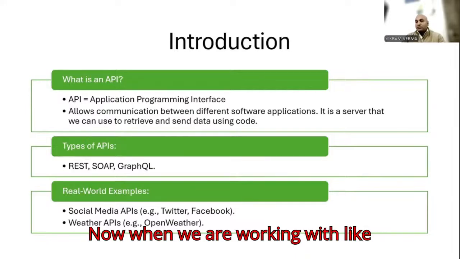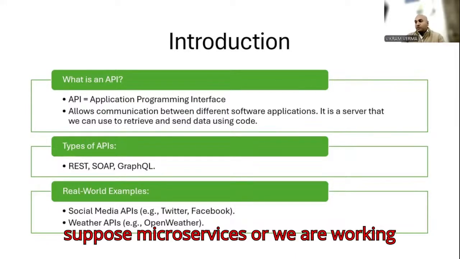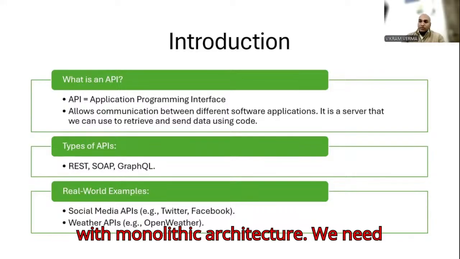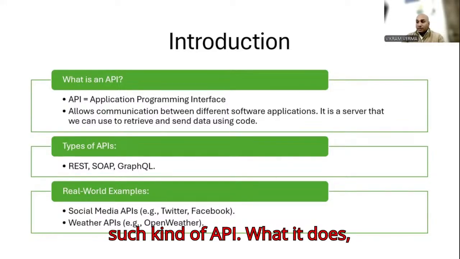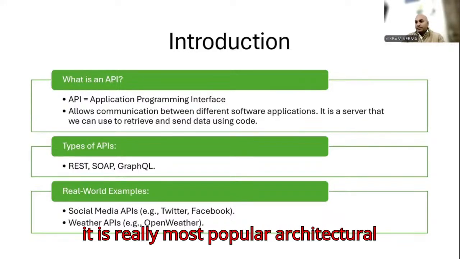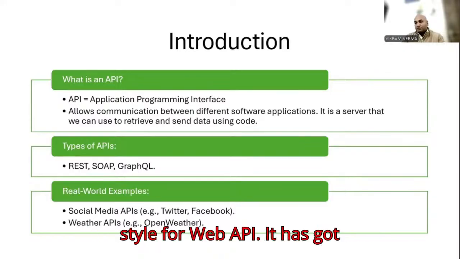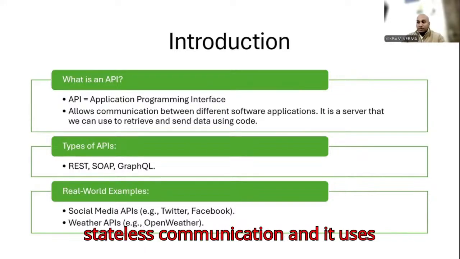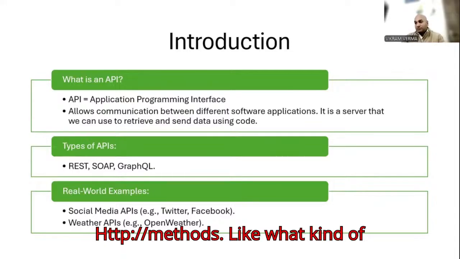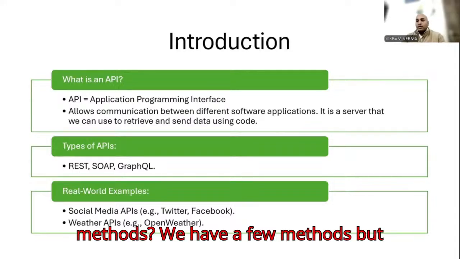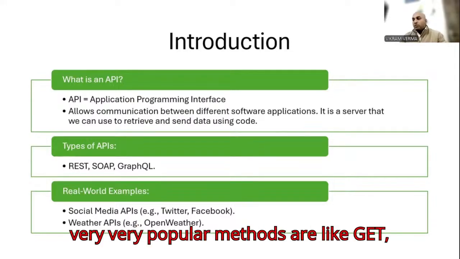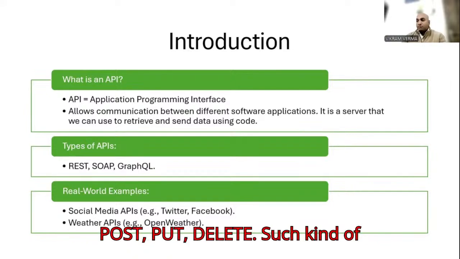When we are working with, suppose, microservices or monolithic architecture, we need such kind of API. It has stateless communication and it uses HTTP methods. We have a few methods, but very popular ones are GET, POST, PUT, and DELETE.